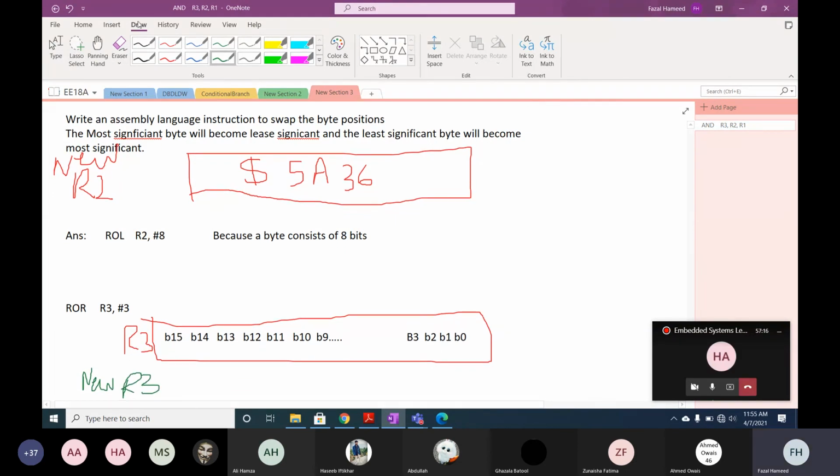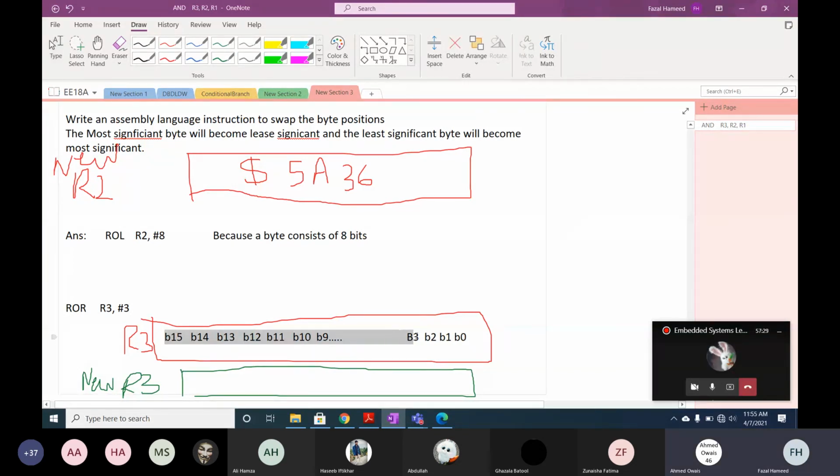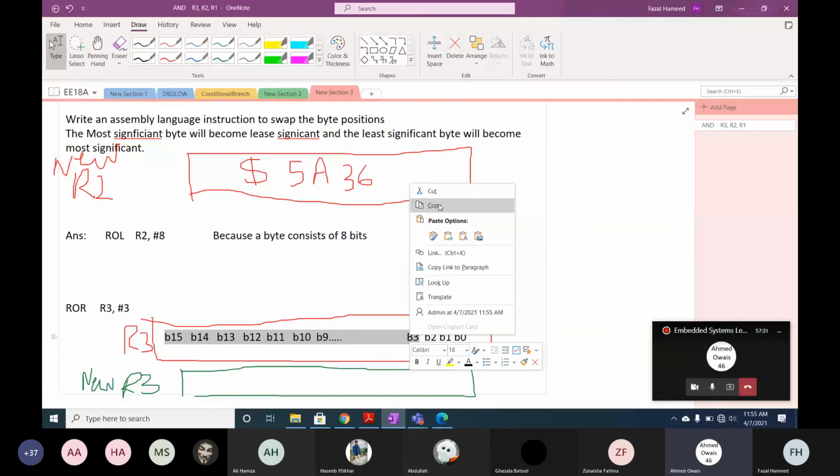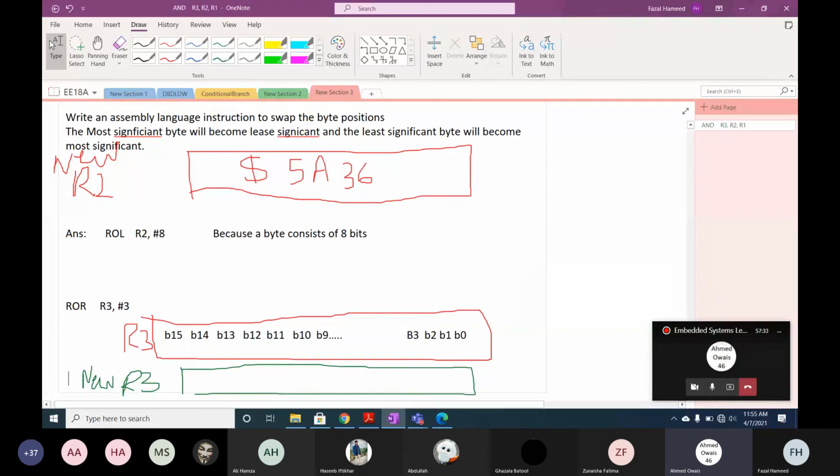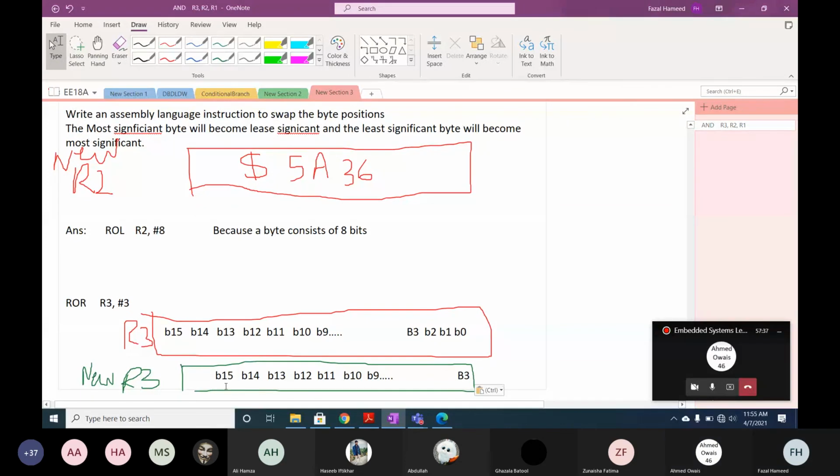It is not rotate left now. It is now rotate right. Can anybody have a clue? The least significant bits will be moved to the most significant side. Very good. So the new contents will be B15, the least significant 3 bits. So the least significant 3 bits will be moved to the MSB side.